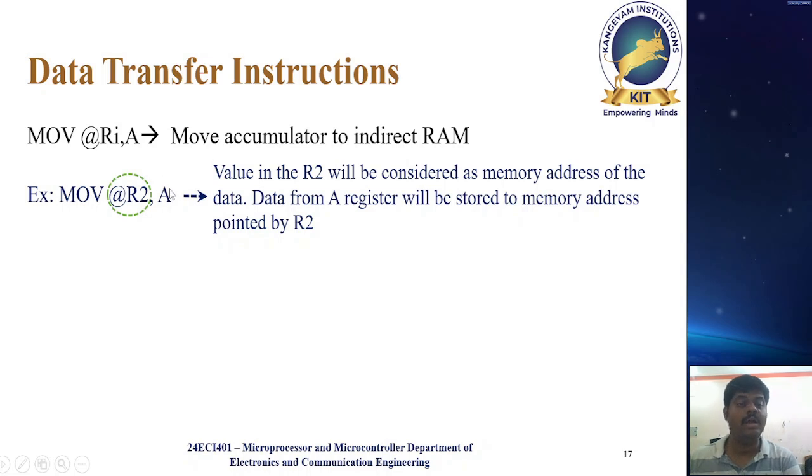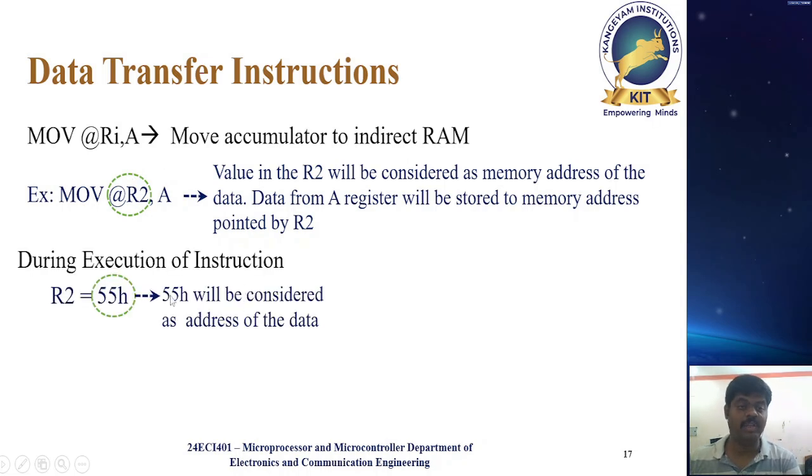So data from the A register will be moved to the memory location pointed by R2. Same example: R2 equals 55 and A has 23. Whatever value is in the A register will be processed.